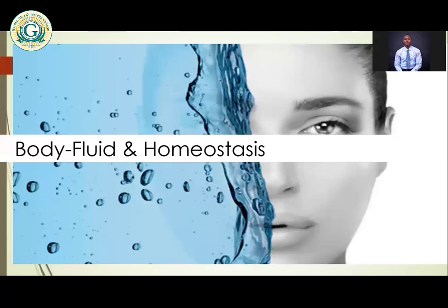For example, we have a normal volume of water that is supposed to be in your body to maintain normal blood pressure. However, when you take a lot of water, how is it that the body is still able to maintain this normal blood volume despite the increase in water? A lot of examples we are going to discuss in this chapter.